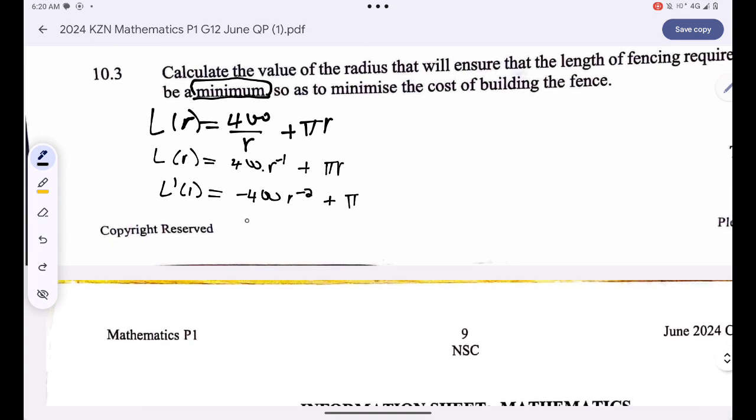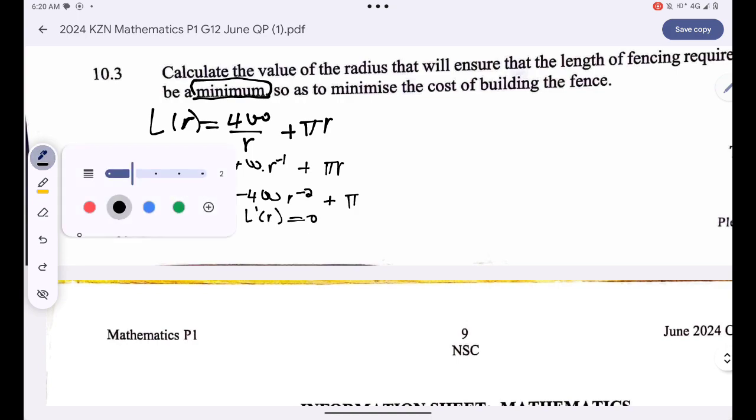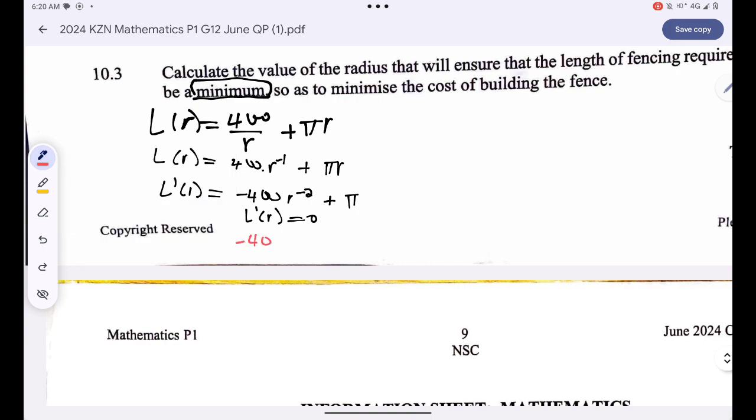And therefore, remember that the derivative should be equal to 0 for a minimum, and therefore I'll just be left with negative 400 divided by r squared plus pi is equal to 0. Are we together?